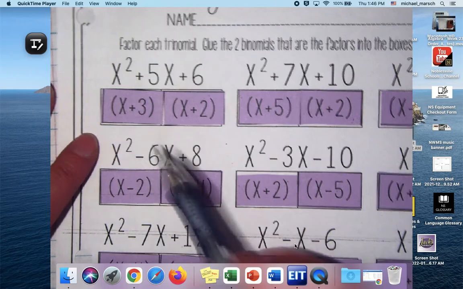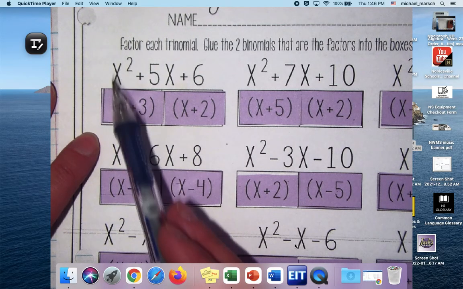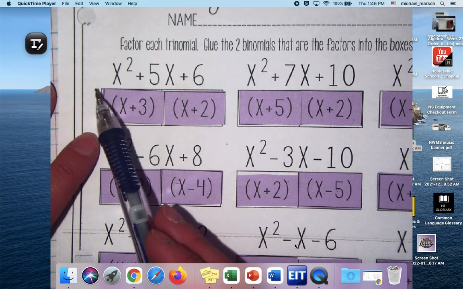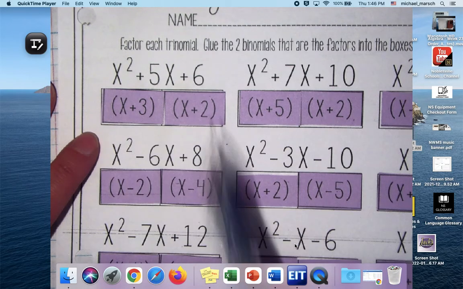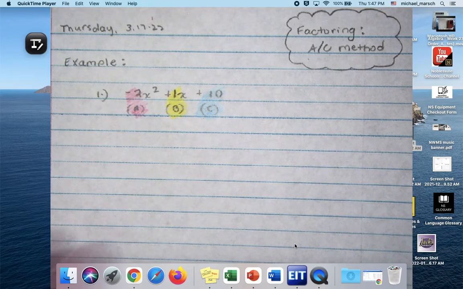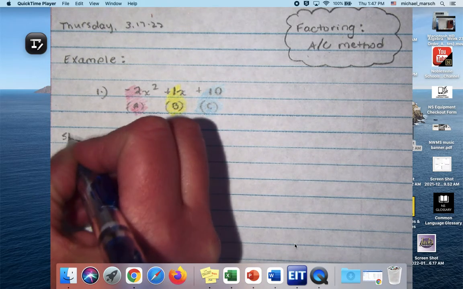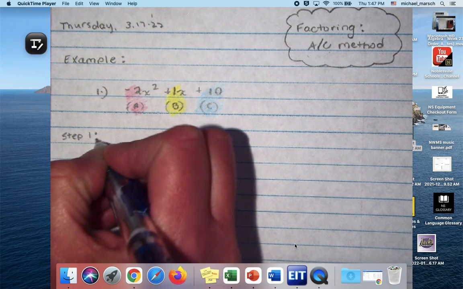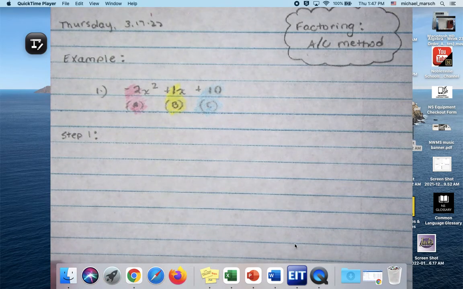The difference is that now we have an A value in front, and that's why it's a little more complicated. Okay, here we go. Step 1.